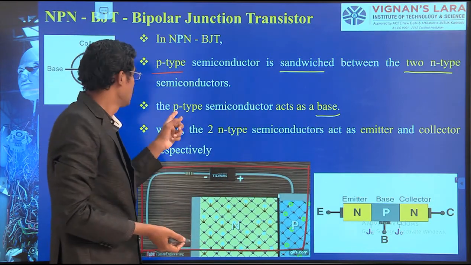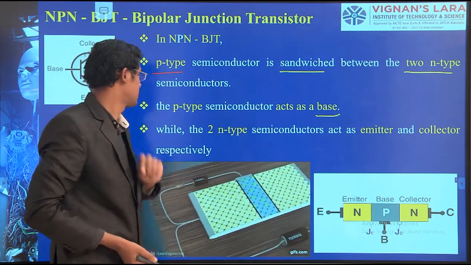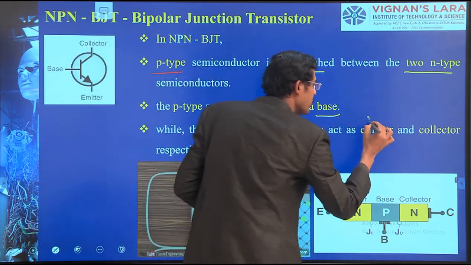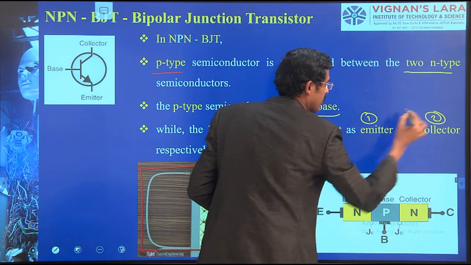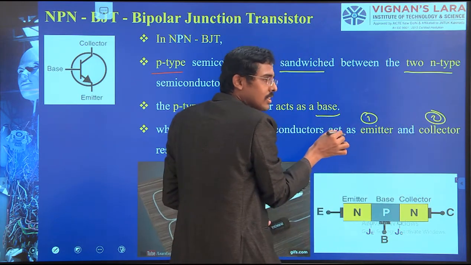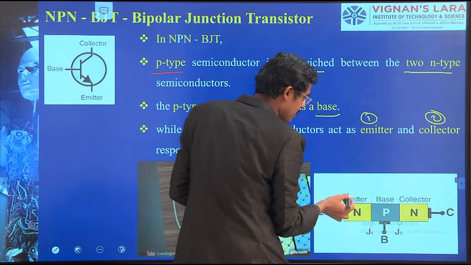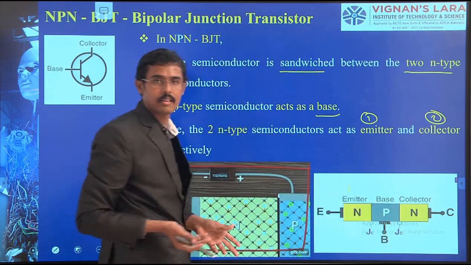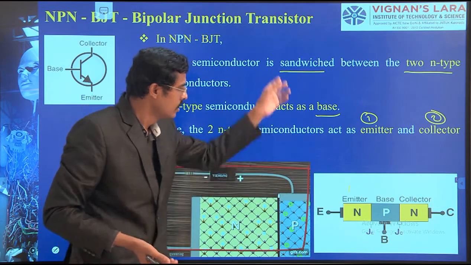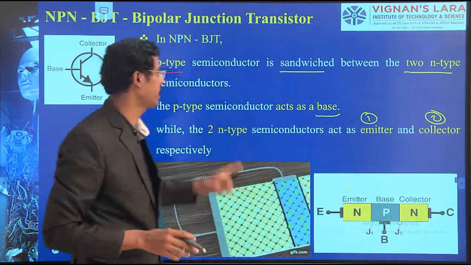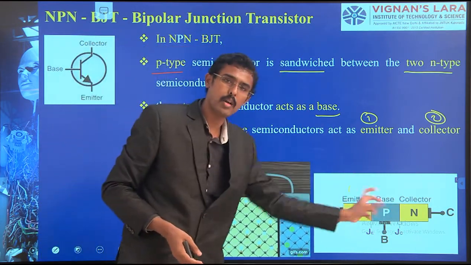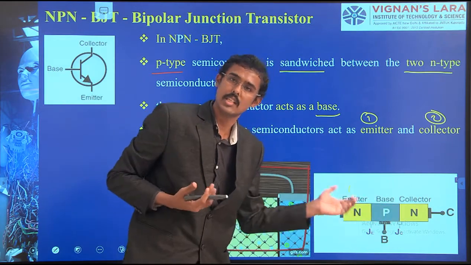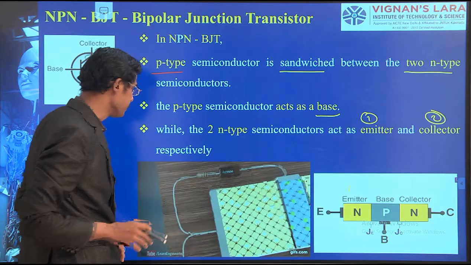The center part acts as a base, while the two n-type semiconductors act as emitter and collector. So left is the emitter, right is the collector for our case for NPN. If it is PNP also the same, N will be at the center, P and P will be at the two ends. It is sandwiched like that. That image also you see.